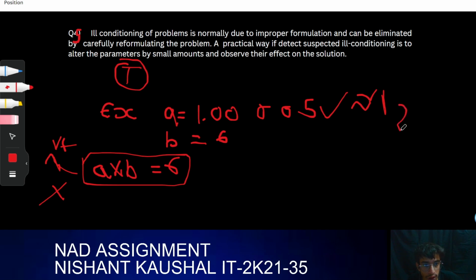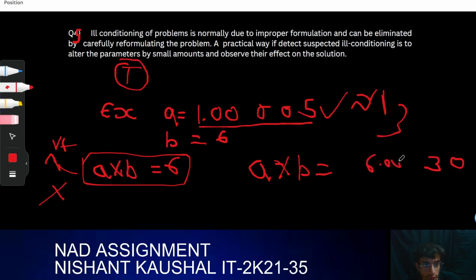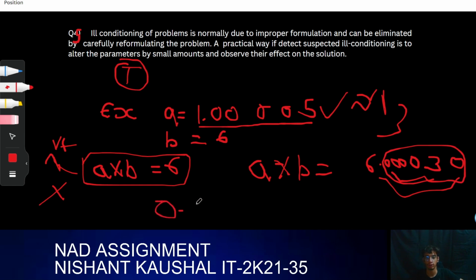Because if we consider this as 1.00005, then the answer would be something else. The answer would be 6.00030, right? See, we could see the difference of 0.000030, and this could cause an error in our program.